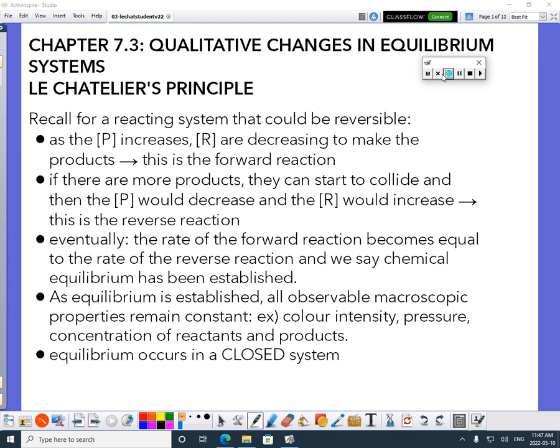So the next two lessons are really vital for the rest of the year. Okay? So we're going to start with concentration, which is the most direct sort of stress, and then we'll do temperature last, which requires the most brain power. Okay?